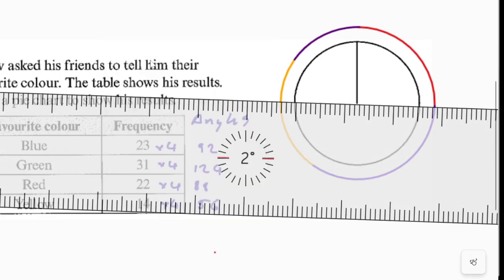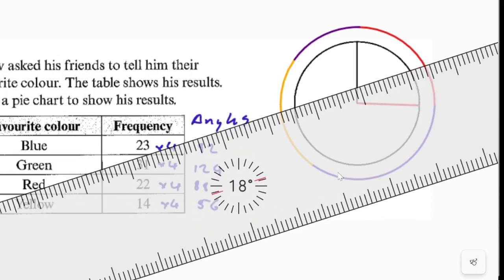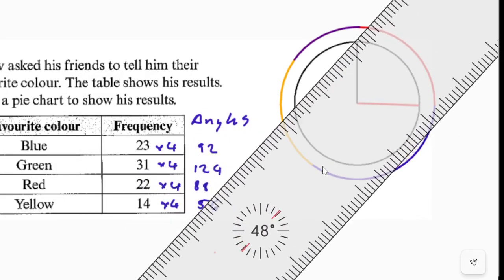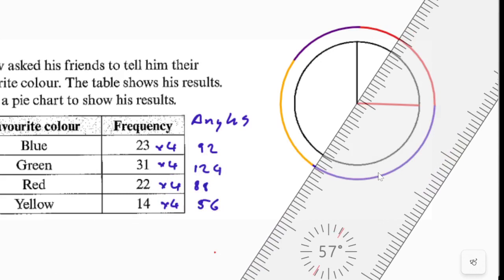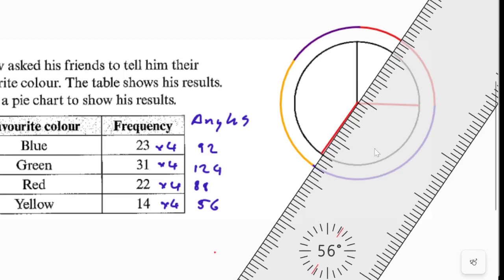So first one, first section, spin it round again, spin it this way actually. And then my final one.